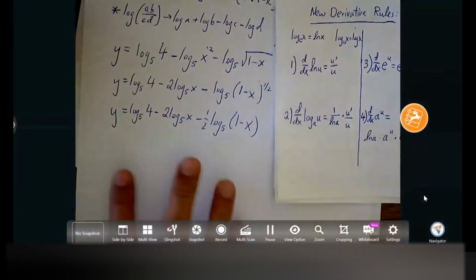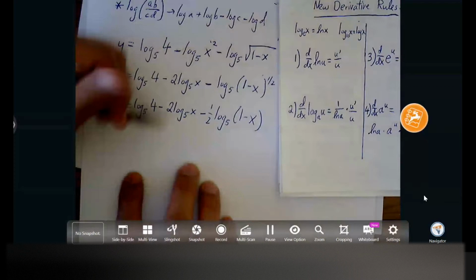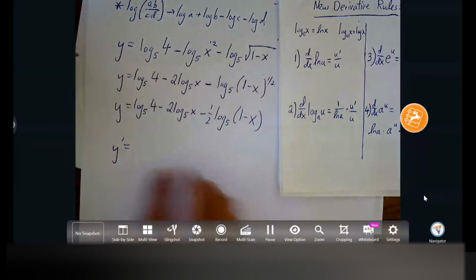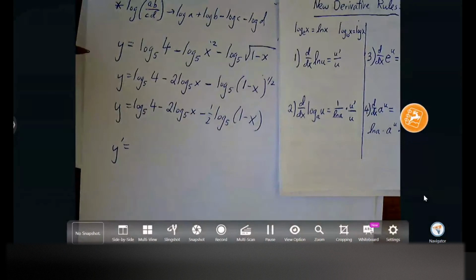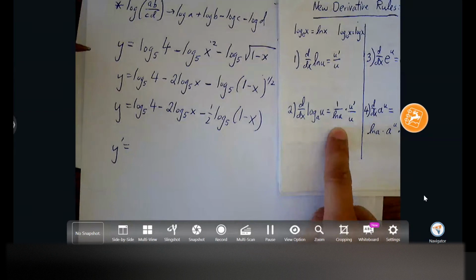So what would y prime look like here? Thomas, what do you think?